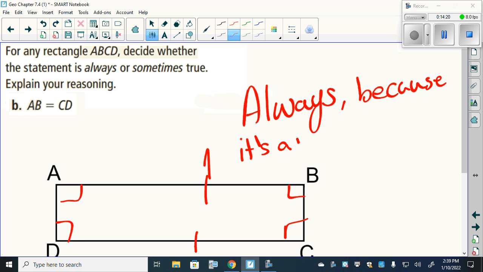I say we break out the old measurements. This side will always be. Well, if you want to break out the measurements, you'd have to measure any and all possible rectangles that ever existed. Because it says for any rectangle. No, this is just a case.